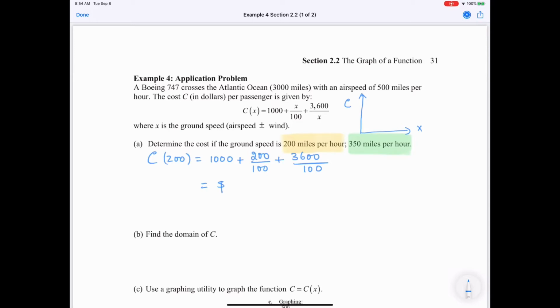So 200 divided by 100 plus... if I add all those things, it would be 1000 plus 2 plus 6, which is 1036.